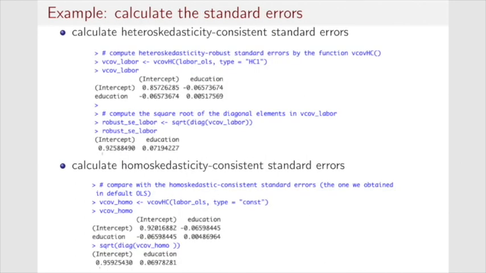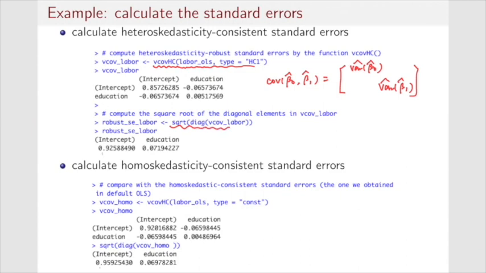We can also calculate the standard errors by hand, whether it is heteroscedastic or homoscedastic. If we apply the function vcovHC for the regression model, it will give us the variance-covariance matrix for two coefficients, beta 0 hat and beta 1 hat. What we are interested in are the diagonal elements. The first gives us the sample variance for beta 0 hat, and the second is the sample variance for beta 1 hat.